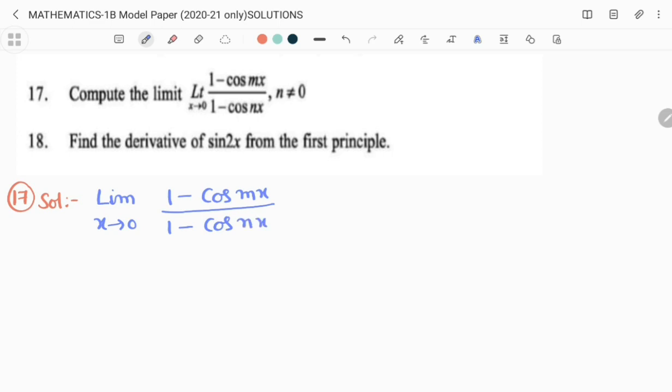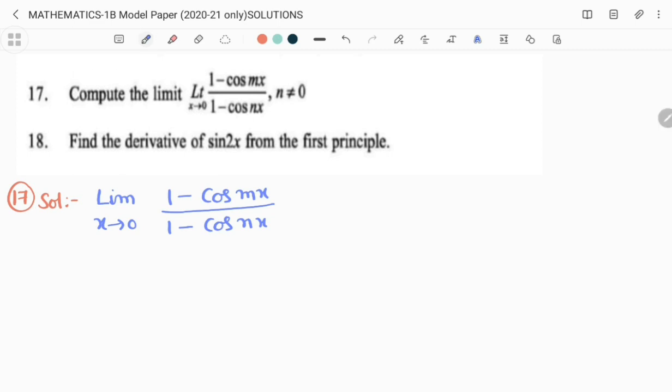Dear students, you remember whenever the problems in calculus, means limits, continuity, differentiation, and application of derivatives, trigonometry formulas are very much required. This is my sincere suggestion to all the students. You learn the formulas of trigonometry and algebraic formulae.